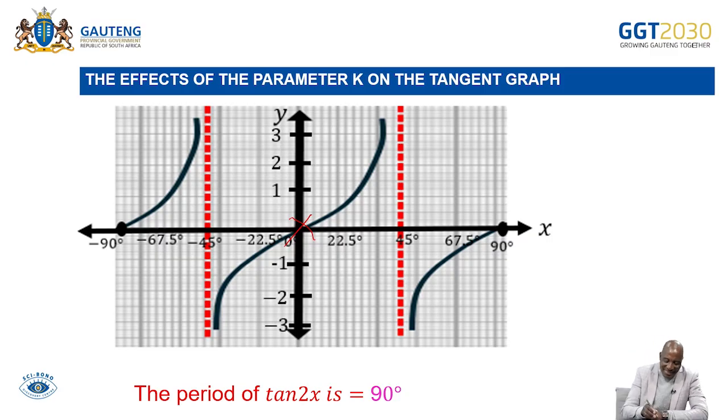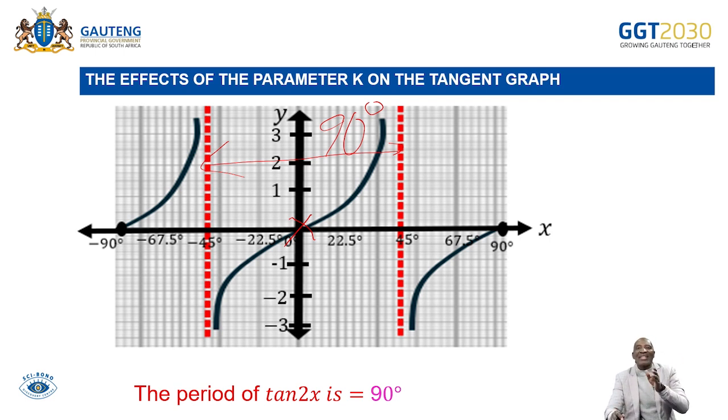When I look at this distance here, if I span that distance there, how many degrees is that? This is exactly 90 degrees. It means our lines of asymptotes are spaced at an interval of 90 degrees.